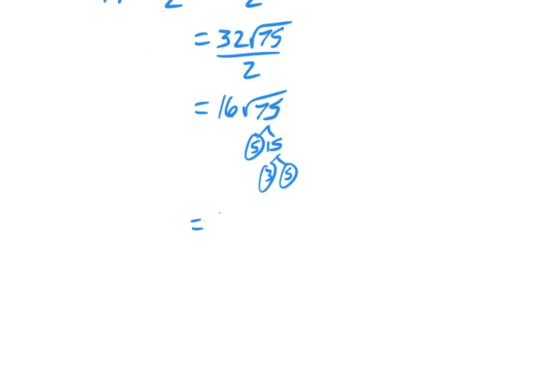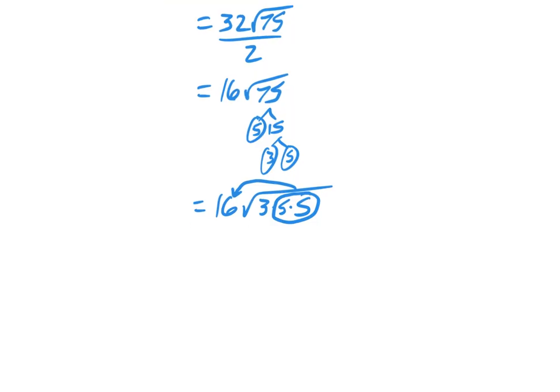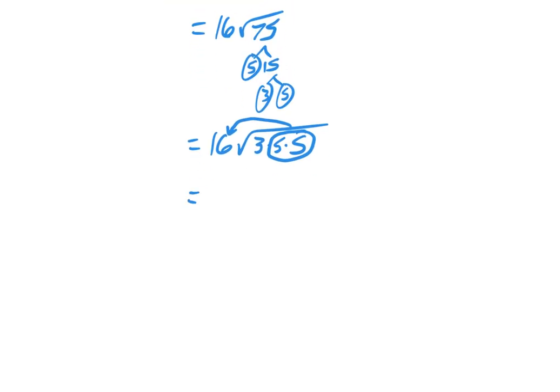Okay, so I'm going to write this out, and here's what it's going to look like. 3 times 5 times 5. That's my prime factorization, right? But when I look at the prime factorization here, what do I have pairs of? 5's. So whatever I have a pair of, I'm going to move out here. When I move it outside, I've had a lot of people ask me this question: what happens if I already have a number on the outside?